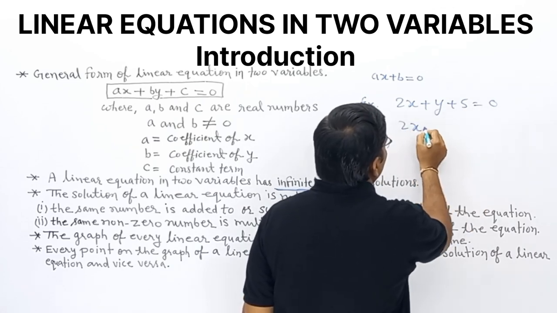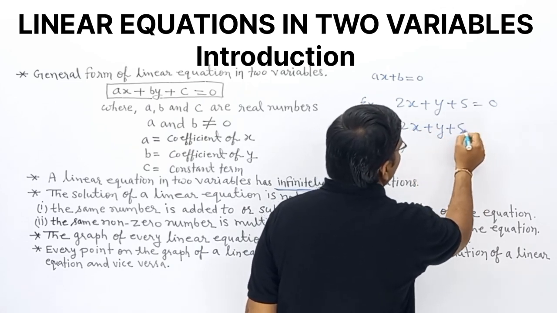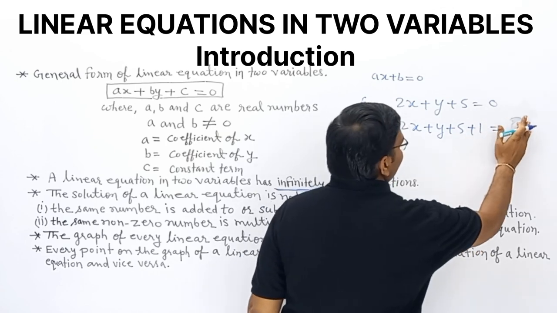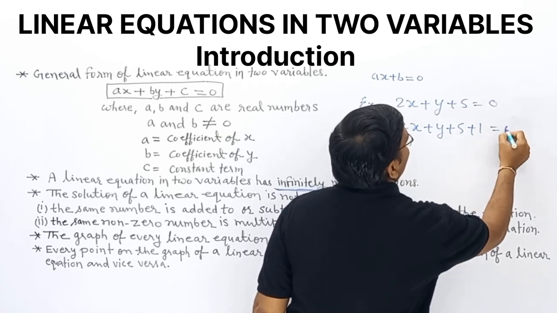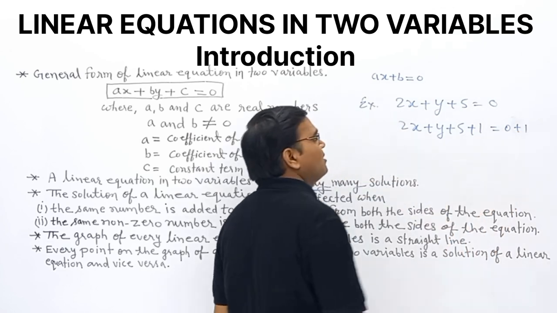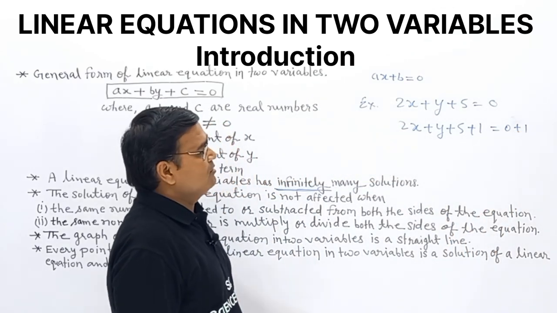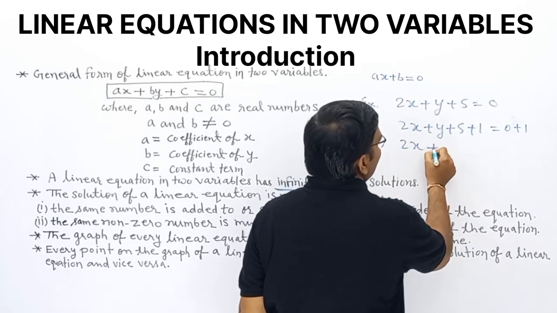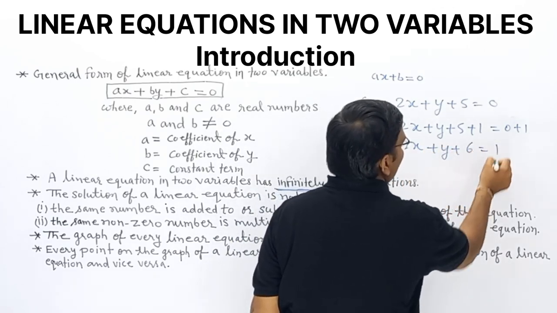I am adding 1: 2x plus y plus 5 plus 1 equal to 0 plus 1. It means this equation and this equation both are the same: 2x plus y plus 6 equal to 1.